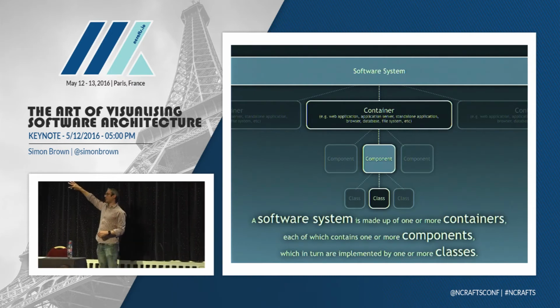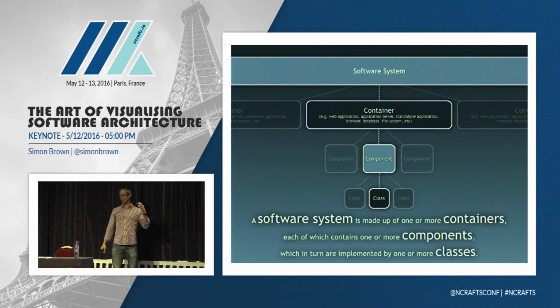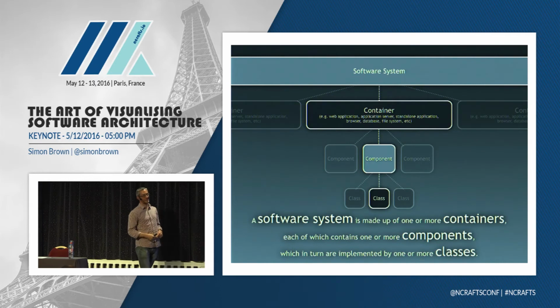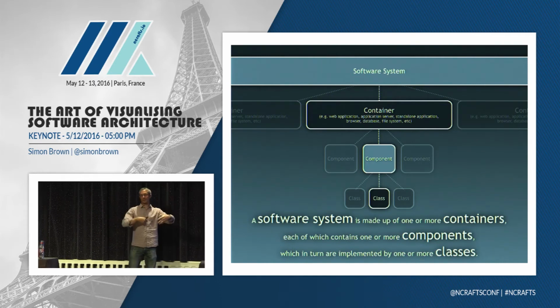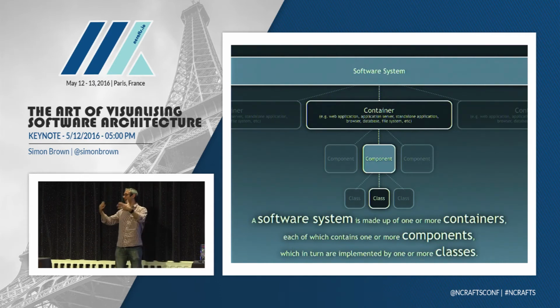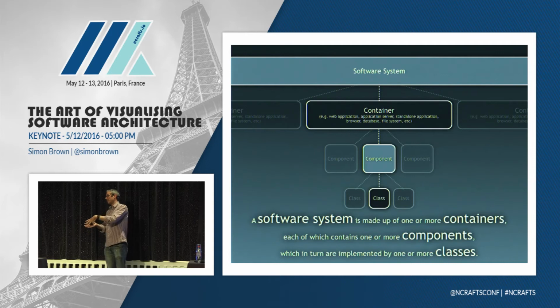This works really well for OO languages. If you are using JavaScript, then maybe it's not components and classes, maybe it's modules and objects, or modules and functions. Haskell, F#, modules and functions. Database technologies, components, and stored procedures, right? You might have to take this type of approach, this hierarchical approach, and twist it for your technology stack.